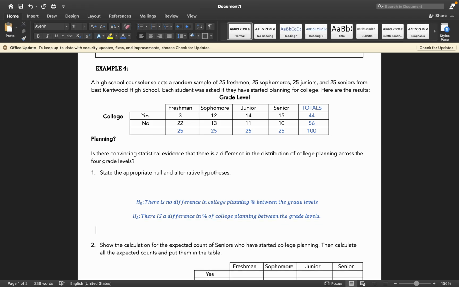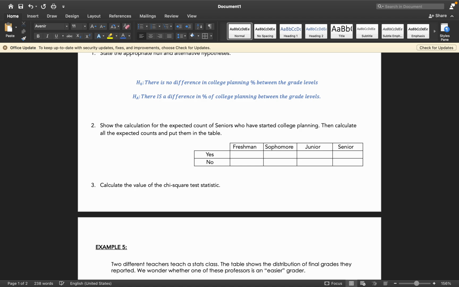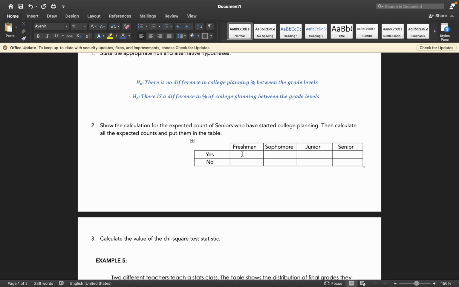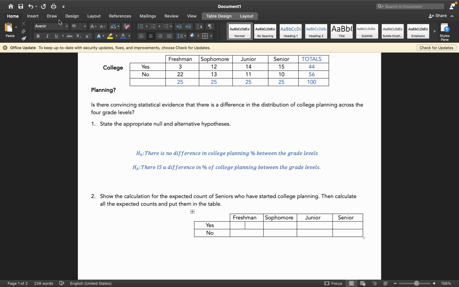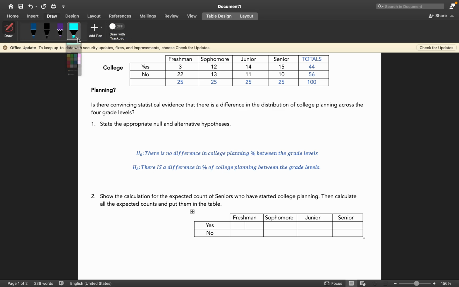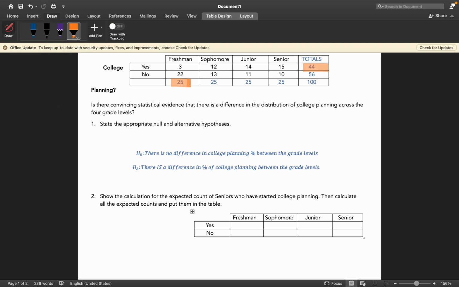So what we're going to do is calculate all the expected counts. For the freshmen, I would multiply 44 times 25, and if I divide by the total of 100, that'll give me what I need.